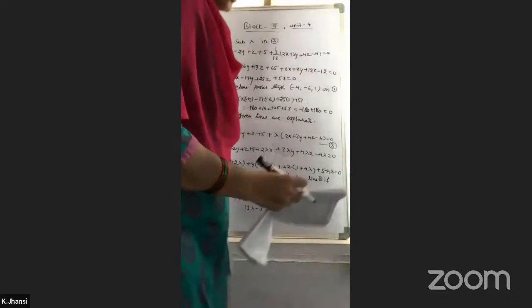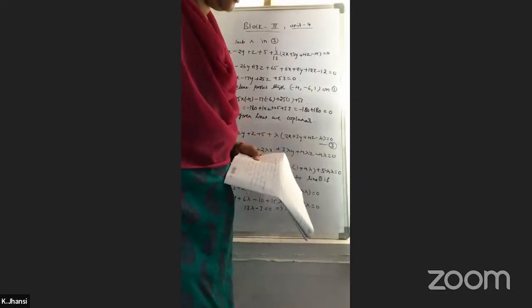So for the point of intersection, the procedure is the same as what we have done.